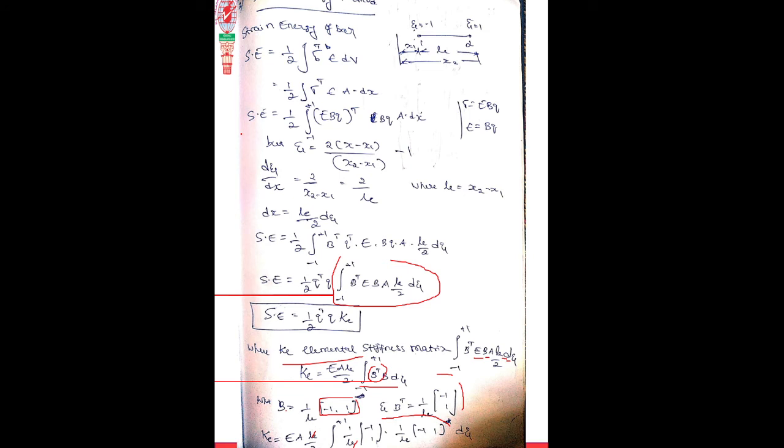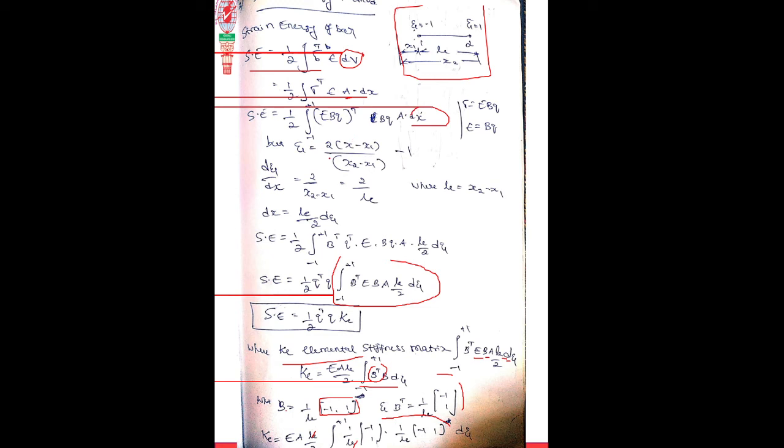I will repeat once again. Observe. I need to consider the bar element with respect to the natural coordinate system, and I'm going to take the strain energy for this case of the bar as 1 by 2 σT ε dV, where dV stands for volume. That volume I'm going to express in terms of area into dx. Now σ, I know already, is E B q. Strain I know is B into q. Therefore I need to calculate dx.